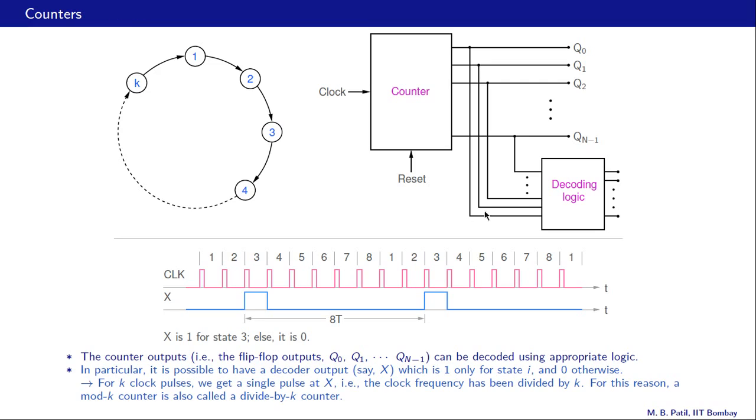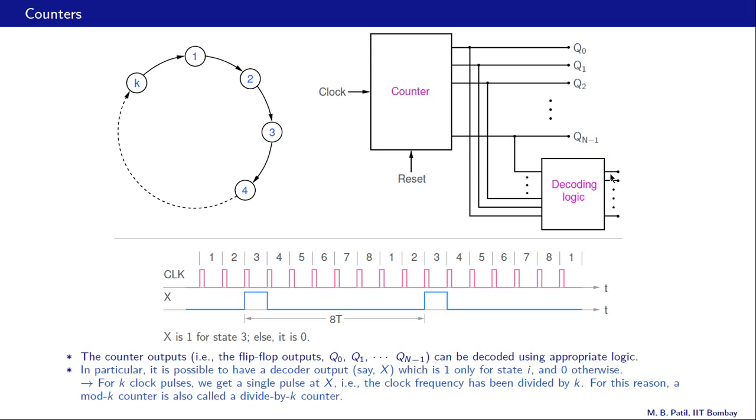Let us now look at this decoding logic. This logic is nothing but some combinatorial circuit suitably designed so as to get some desired outputs here. Could be one or more outputs. Now, since the counter is cycling through K states, these outputs will also be periodic.